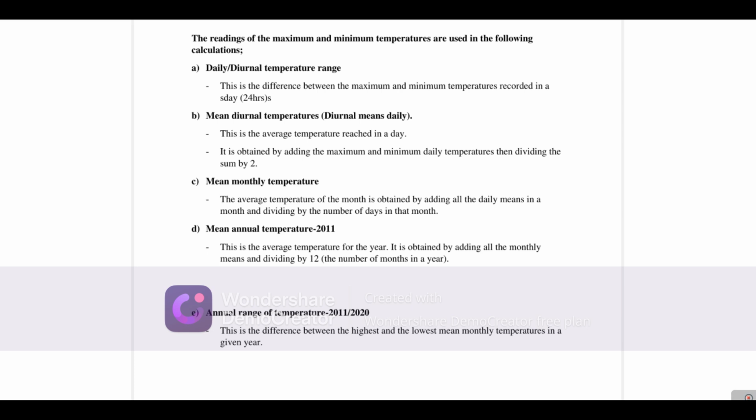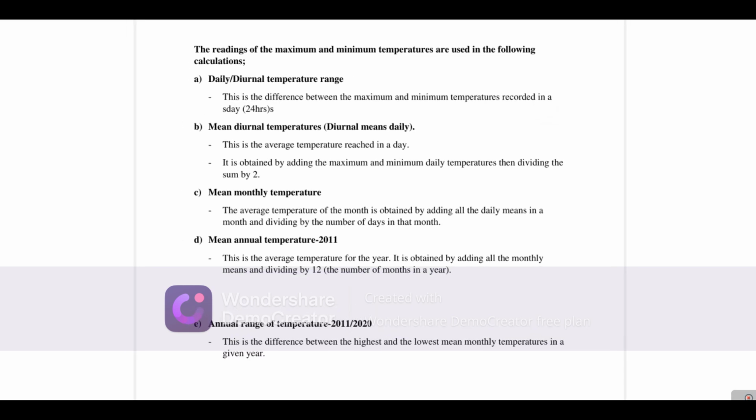So of course, if the maximum temperature was, let's say, 28, that is actually the maximum temperature. So we have maximum to be 28, and the minimum, which is maybe 17.